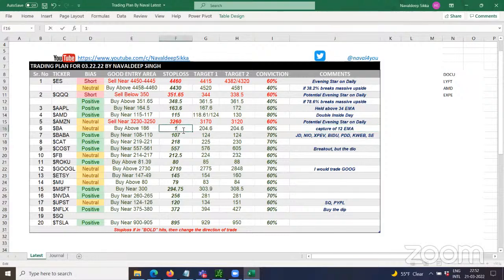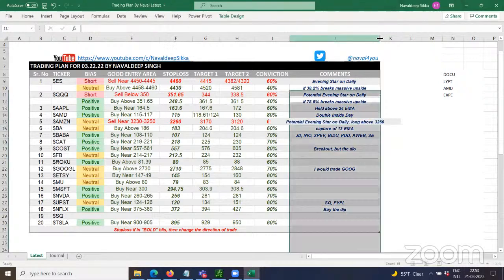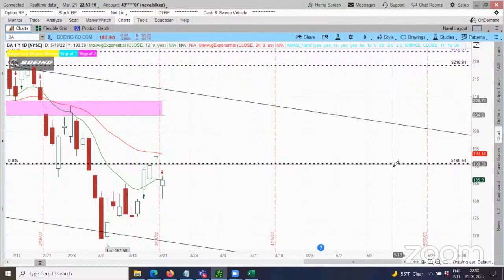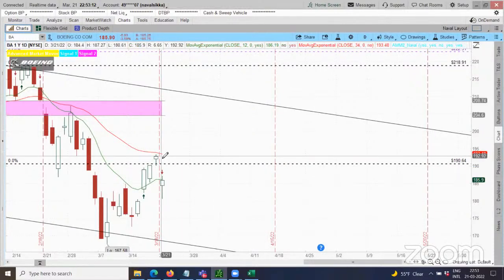Stop loss is 183. Long above 186, I'm just making a note. And I'm giving a target of 190 and 193.